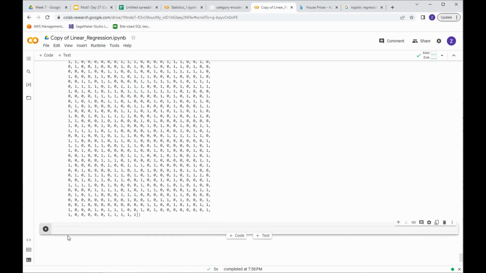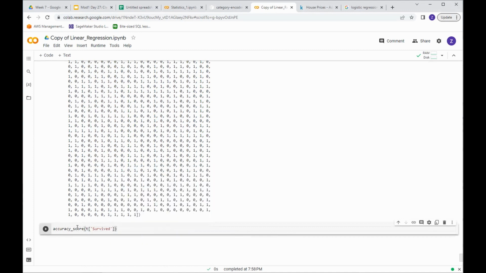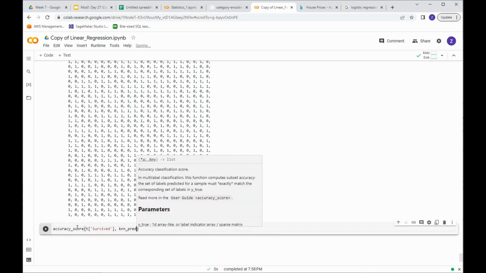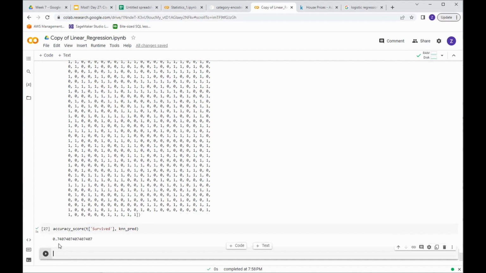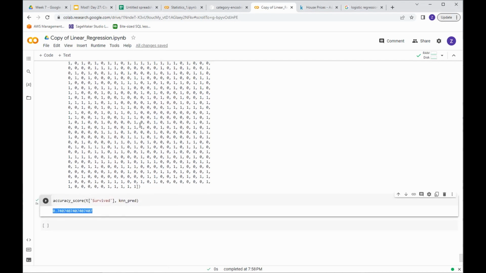And very similar to how we did earlier, we can calculate the accuracy score, and we can pass the true values, which is survived, and we can pass the k-nearest neighbors predictions, and we can look at the accuracy in this case. So 74%. So it is performing better than a very basic logistic regression algorithm, because it's just looking at the nearest neighbors.